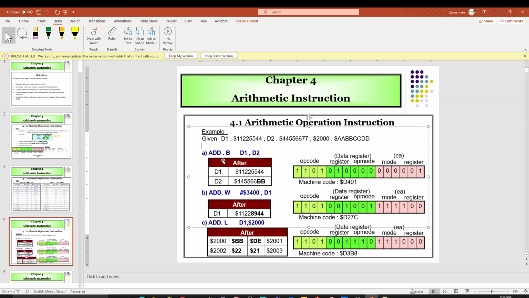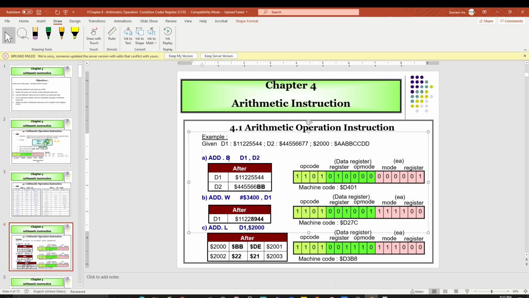Now look at the first command, add.b D1, D2. D1 is given here, and D2 is given here. The byte size will be this one, and the byte size over here. For this case, the source is going to be added to the destination and replace it back at the destination.